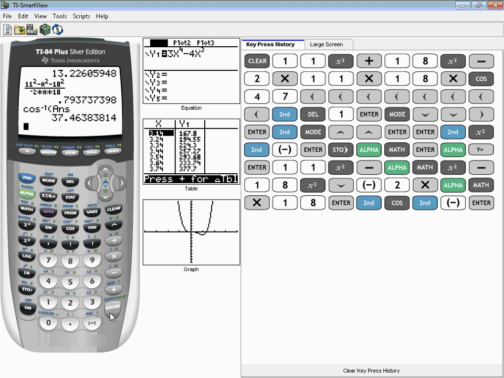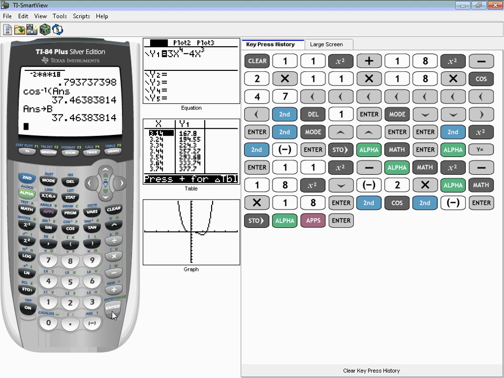Are you getting 37.464? Yes? Should I store that? Yeah, I'm going to store that as B. Well, and you're going to just subtract, but it's easy to subtract with B in there.